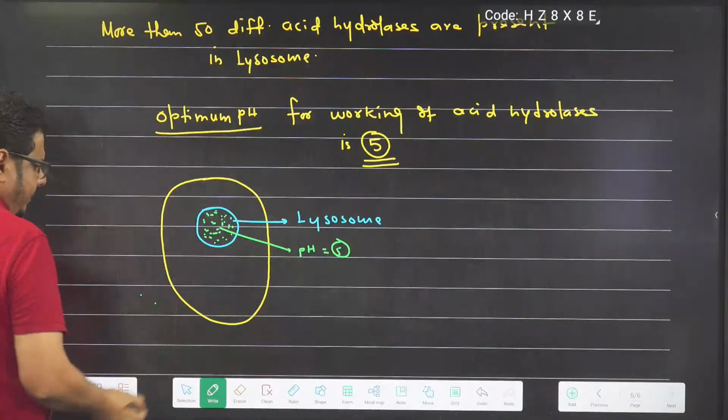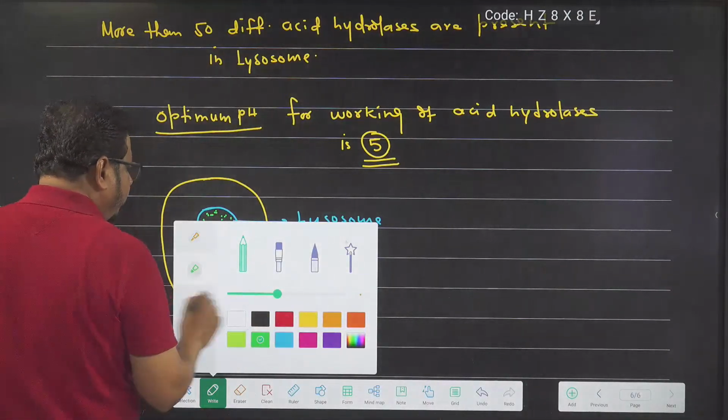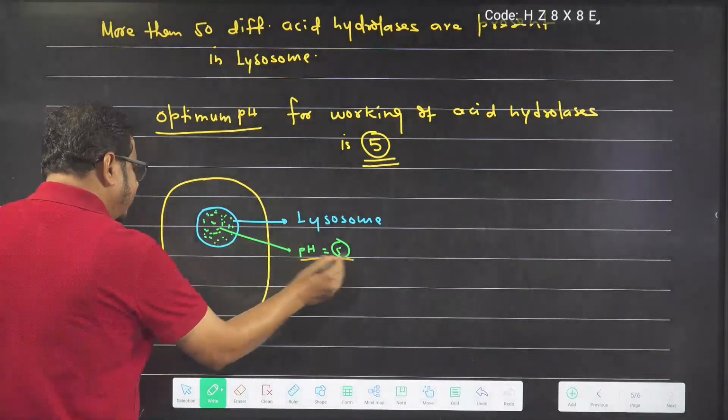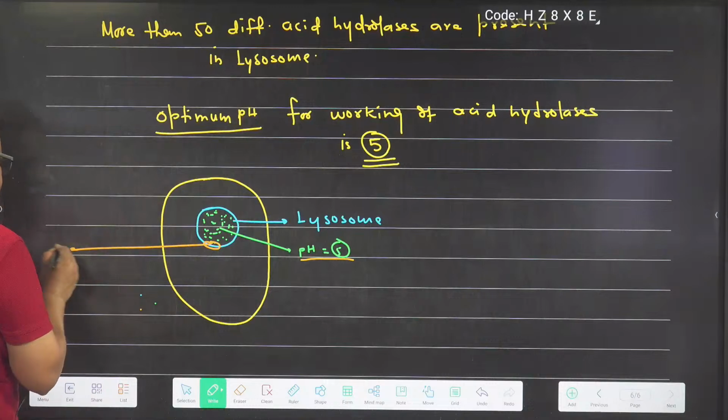Now the question arises, how is it maintaining a constant pH of 5? For maintaining pH 5 inside the lysosome, a pump protein is present on the membrane.